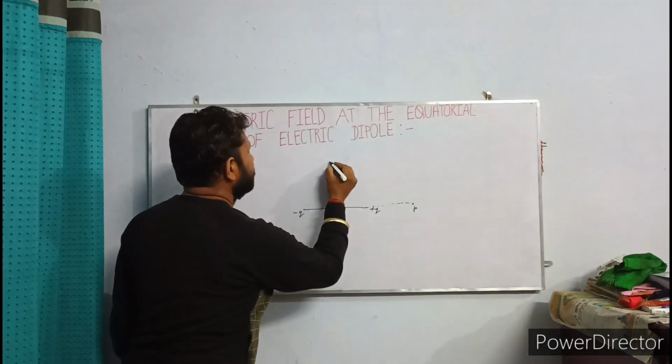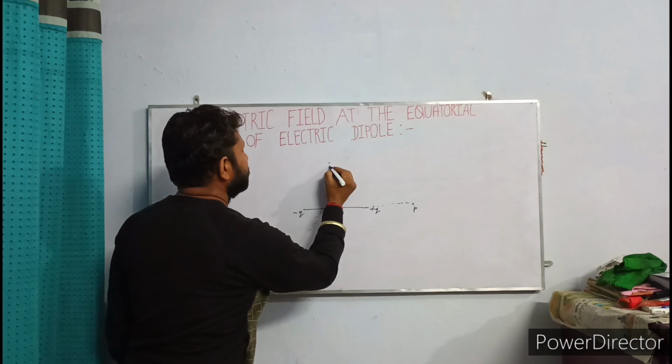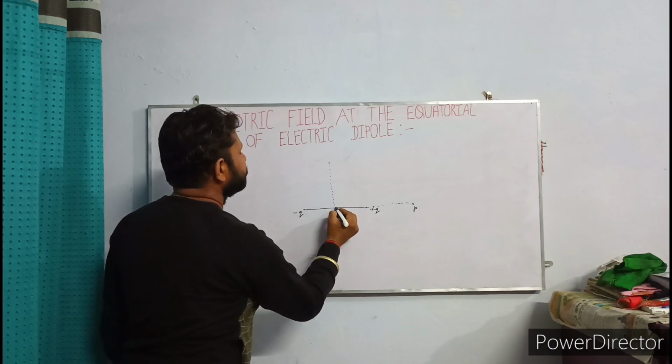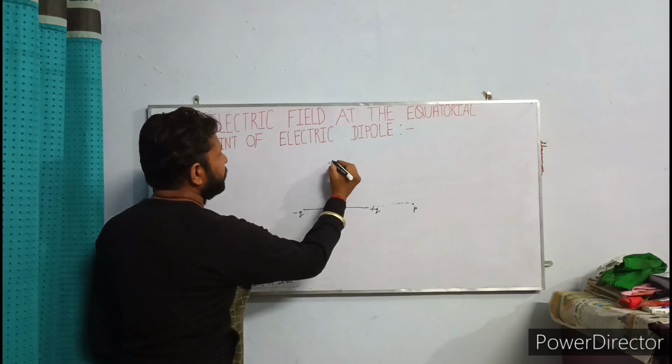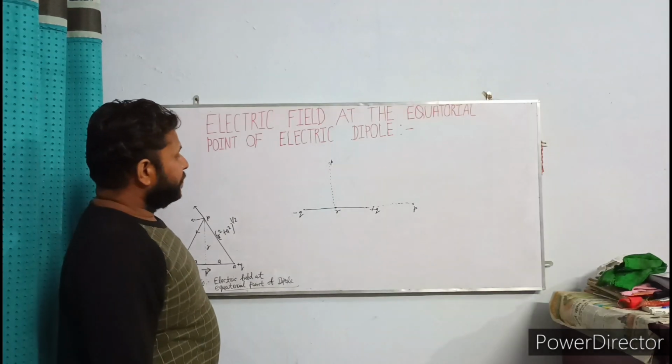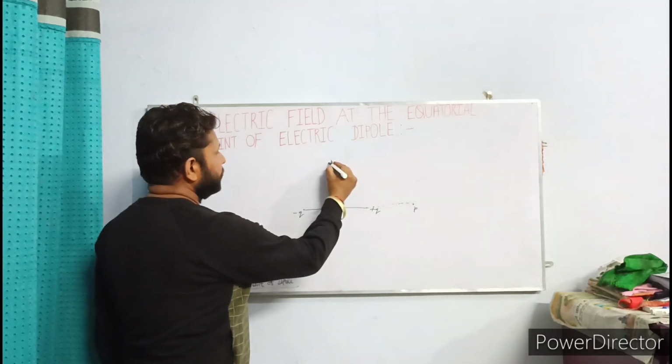Here, it is the point, suppose. It is the perpendicular vertical position. Okay, students, it is the point P. We have to calculate the electric field at this point.